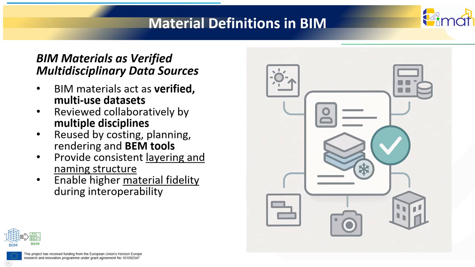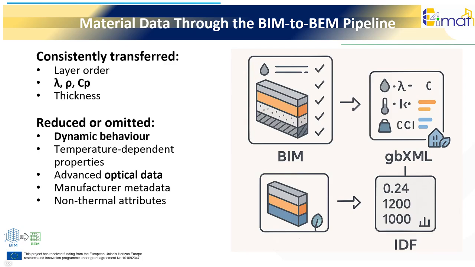This is why structured, validated BIM materials, particularly those supplied directly by manufacturers, can significantly enhance the fidelity, consistency, and credibility of the entire BIM/BEM pipeline. As material data moves from the BIM environment into BEM-compatible formats, certain properties remain stable while others become simplified.